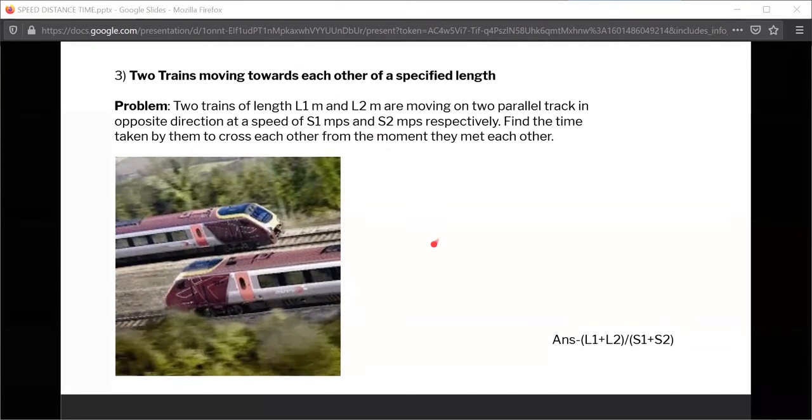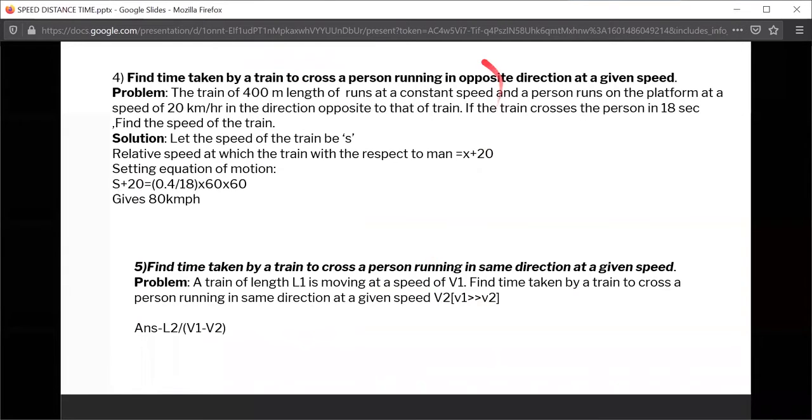Let's take the next case. Find the time taken by a train to cross a person running in the opposite direction at a given speed. So what happens in this case?